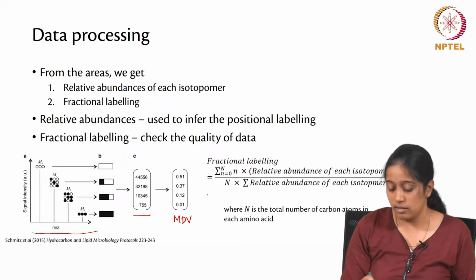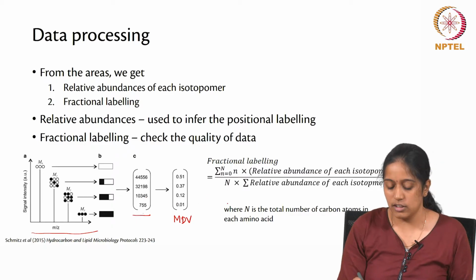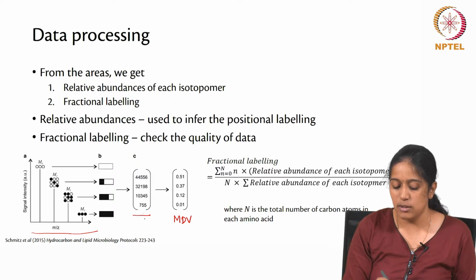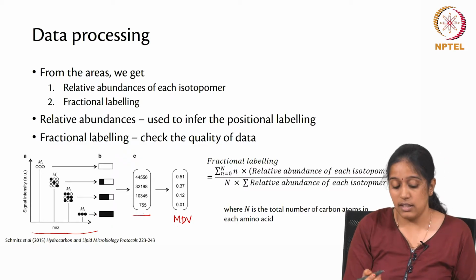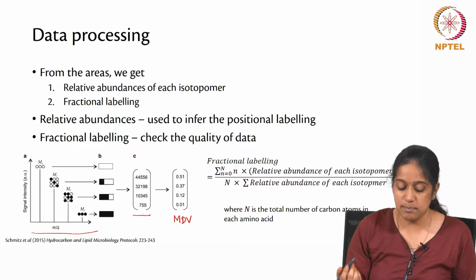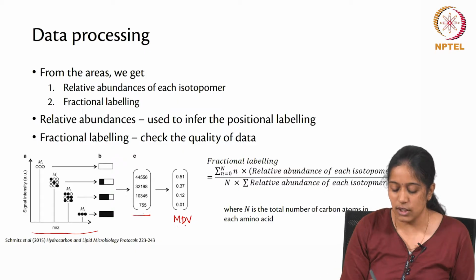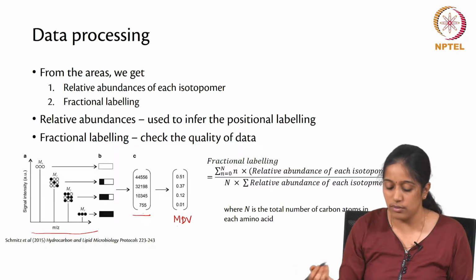To get a clearer picture, we would be solving a small example in the upcoming slides, but for now this is your mass distribution vector that you get from the gas chromatogram and the mass spectra, and with this you would go ahead calculating a few other things.